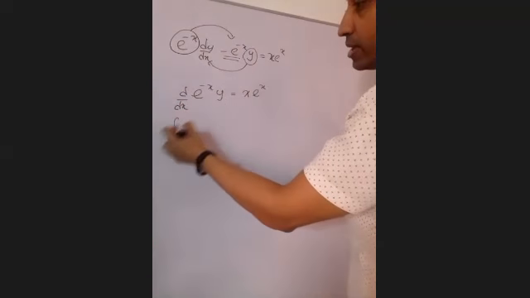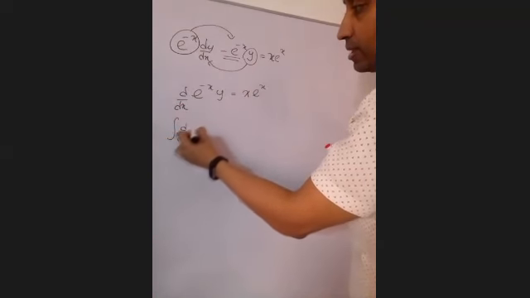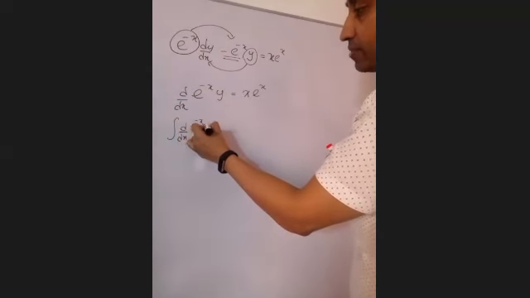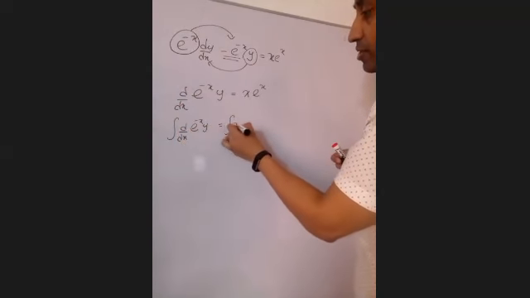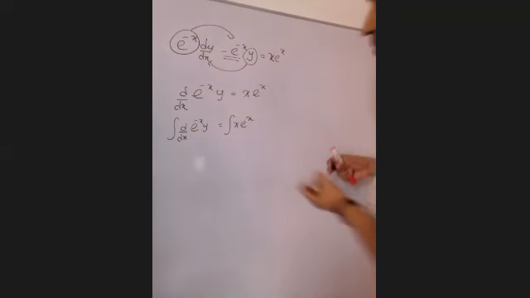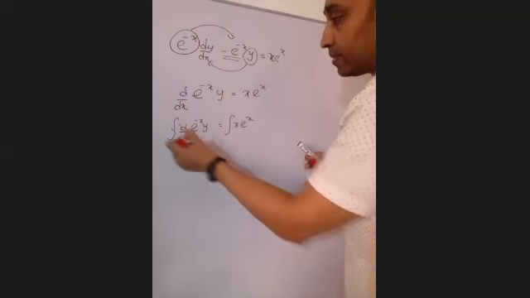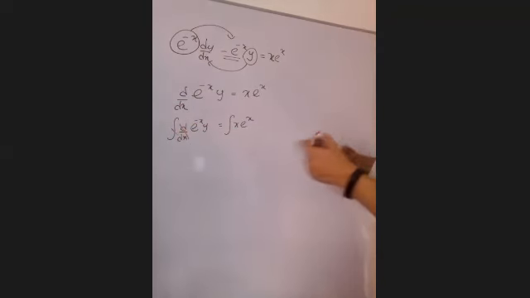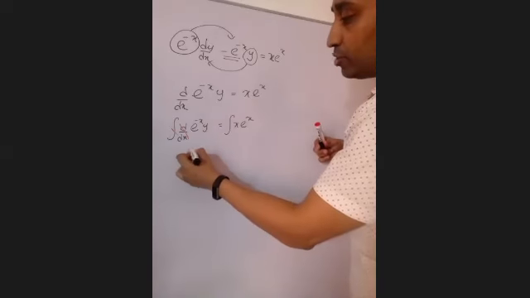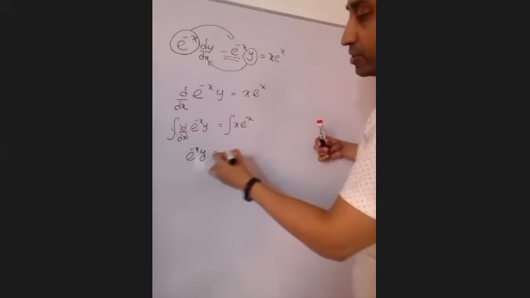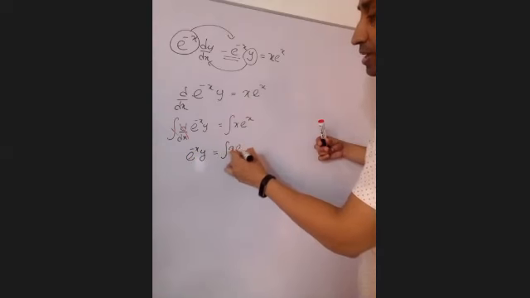Then integrate both sides. d/dx of e to the power minus x y is equal to the integration of x e to the power x. Right. Then what you can get here is this whole thing cancels with that. So it turns up to e to the power minus x y is equal to the integration of x e to the power x.